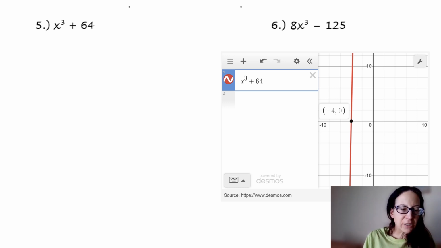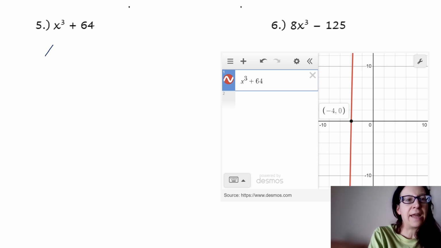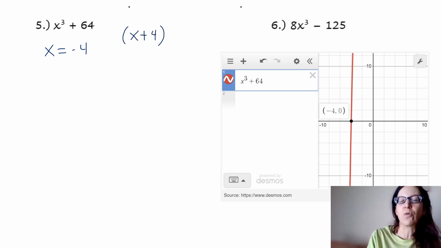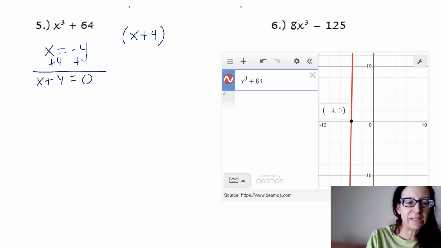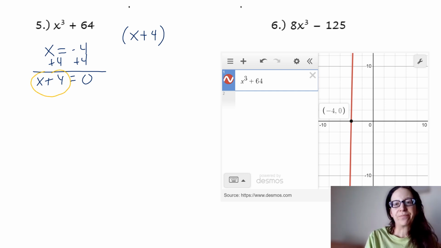Now, what that means for us is that we take that x is equal to -4, and you are welcome to go straight to x plus 4. So if you are comfortable with that, go for it. If you're not comfortable with that, then you probably want to envision this, that you're adding the 4 to both sides, and then you can see the factor there.